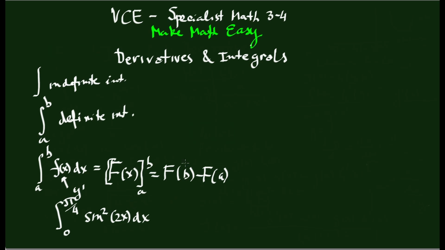The one that comes to mind is that cosine of 2x is equal to 1 minus 2 sine square of x.